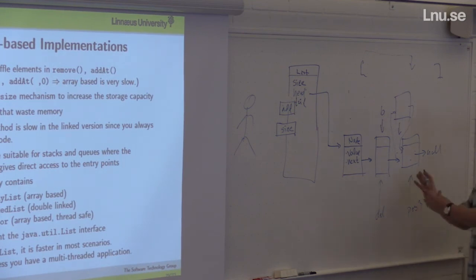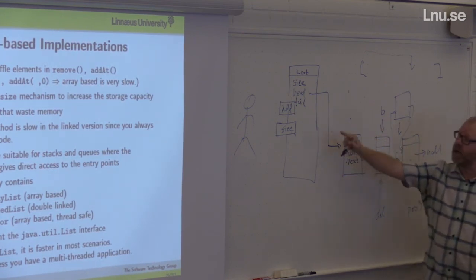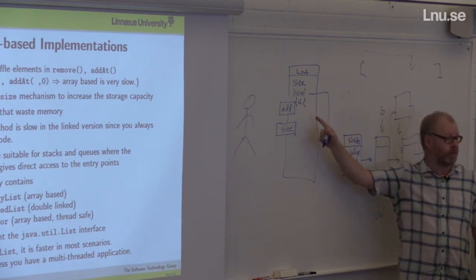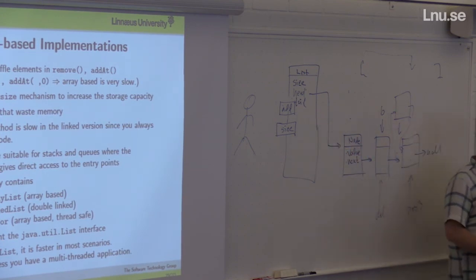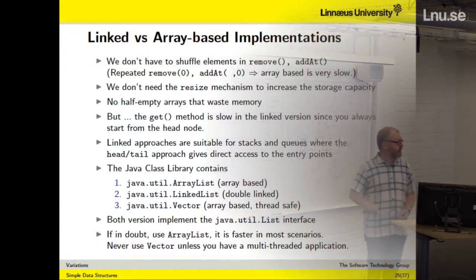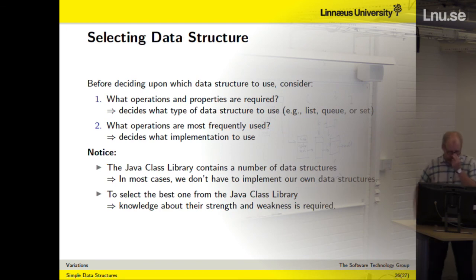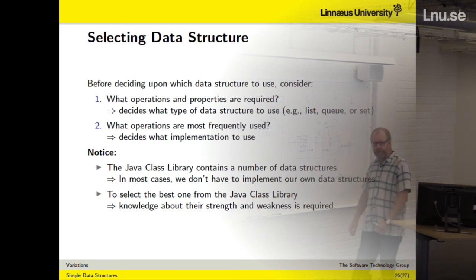You don't have to shuffle any nodes, and you have direct access to the front via the head and to the back using the tail pointer. So usually if we are implementing a stack or a queue, we are using linked implementations. They have direct access to both ends of the queue. So, any questions about the linked implementation?